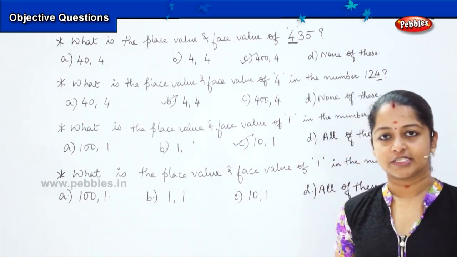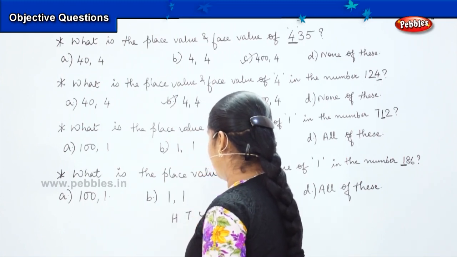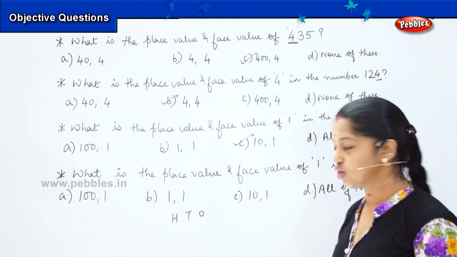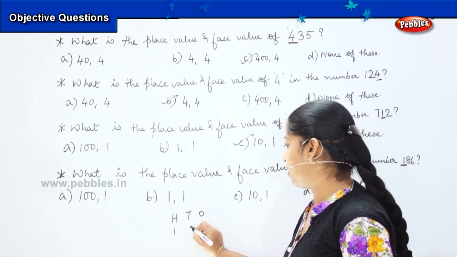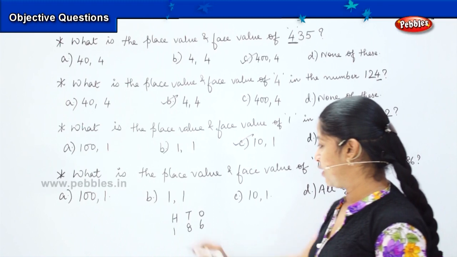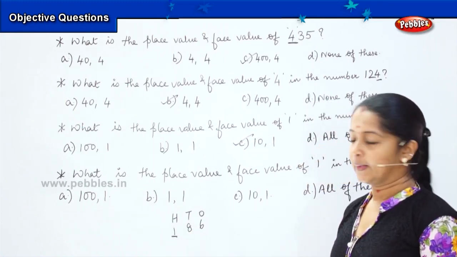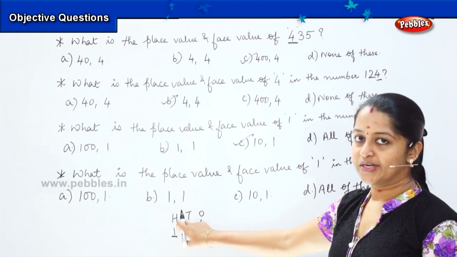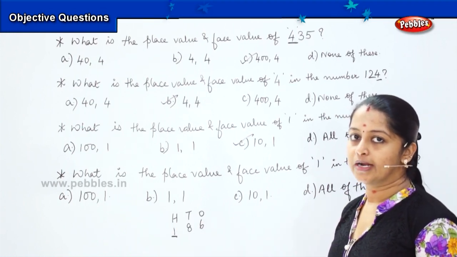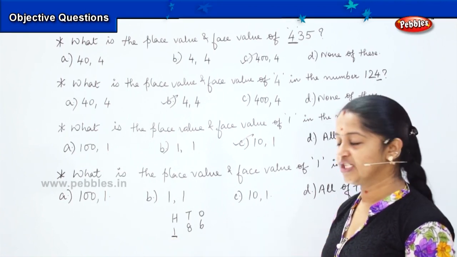So what is my first step? Good. You will segregate in the HTO column. Write the number 186. And what is the number which we have to find out? It's 1. So where is 1 seated? It is seated under the hundreds column. So what is the place value of 1? Good. It is 100. And what is the face value?